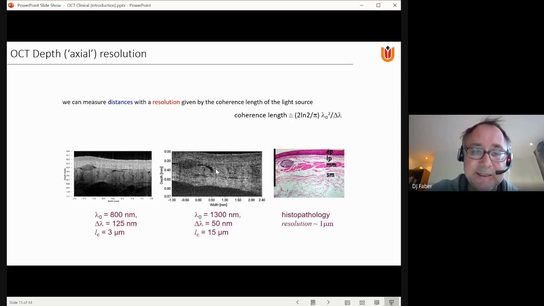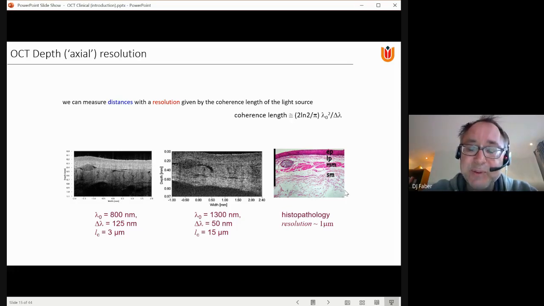On the other hand, and that is a little bit harking back to the questions I asked you, if you look at the scales, they are almost the same. It does appear that you can look a little bit deeper in the 1300 nanometer system, but that is a little bit up to the eye of the beholder.